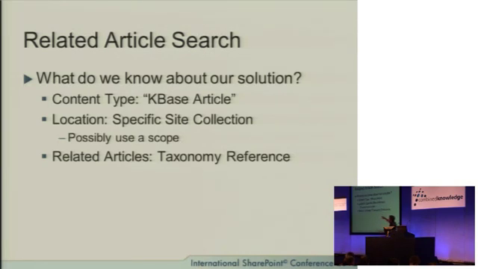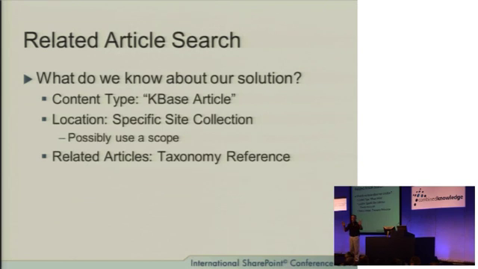And the way that we're relating articles is we're using the taxonomy. We're using the managed metadata service that Wictor set up for us earlier. Because of that, I can use a taxonomy reference. The best part of using a taxonomy reference in this case is I'm not dependent on the text of the field. So I don't care whether they typed in an English word, a French word, a German word, a Danish word.